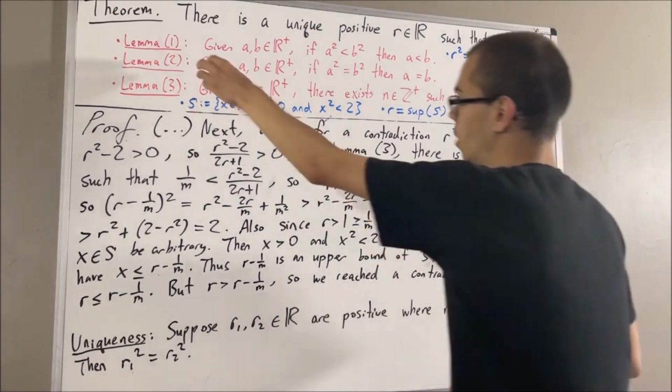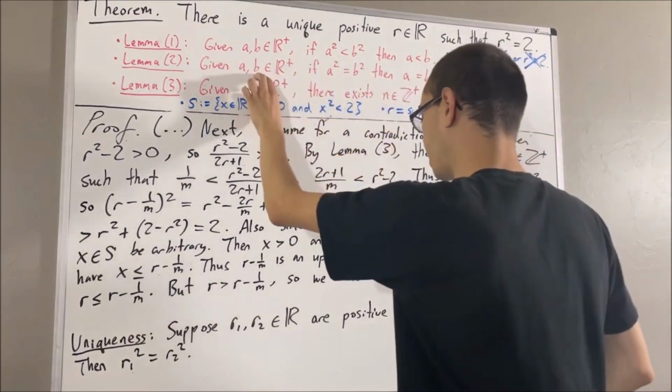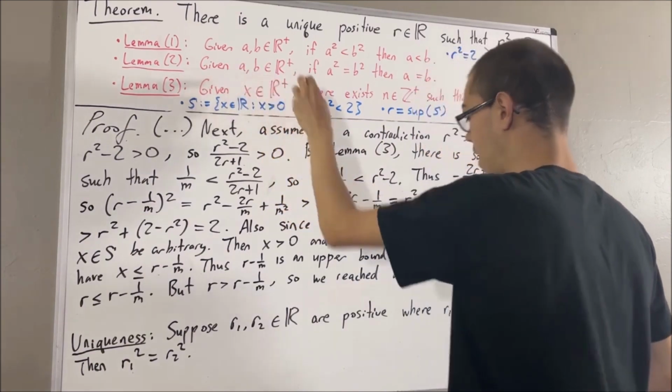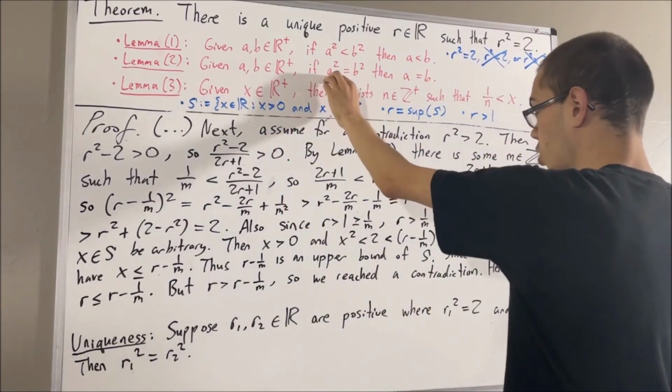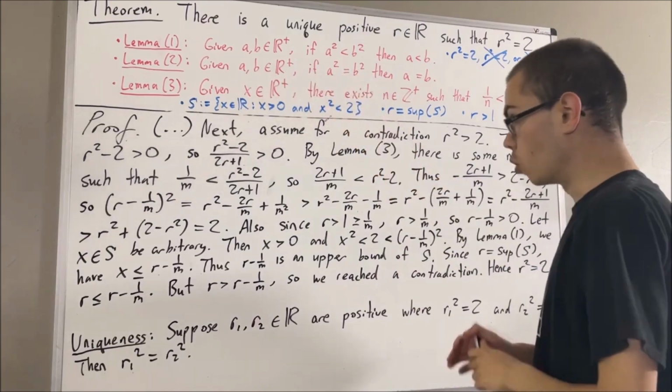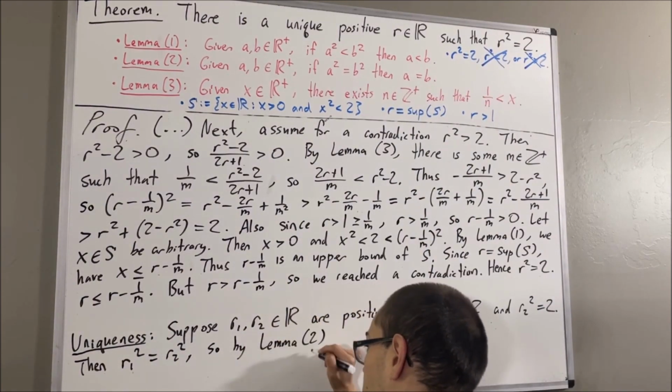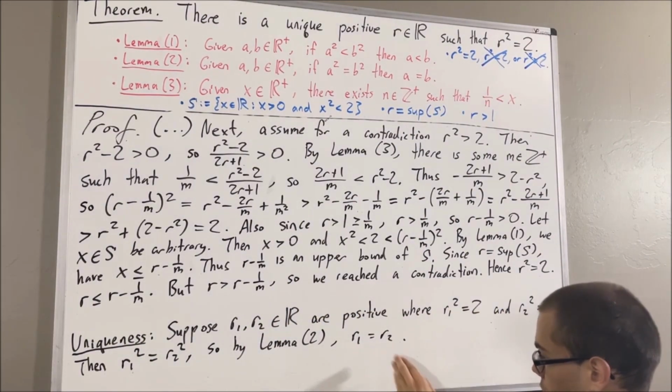But then we can apply lemma 2. If we take A and B to be R1 and R2, well, yeah, R1 and R2 are both positive, but also R1 squared is equal to R2 squared. So we can conclude that R1 is equal to R2. And this was the whole goal of uniqueness.